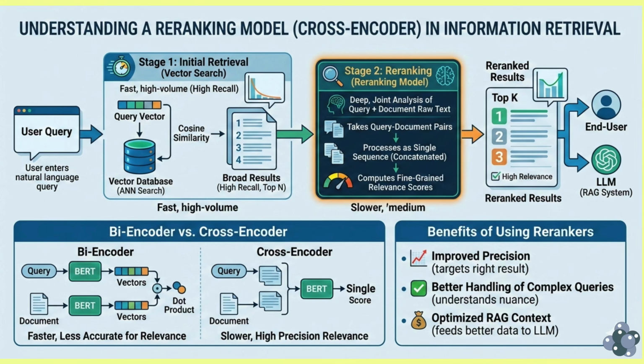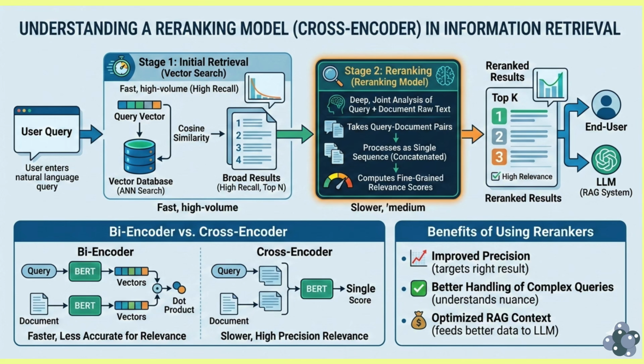Then we have the second stage, which is reranking. The reranking model takes the raw text of the original query and each of the top n candidate documents retrieved in the first stage. It performs a deep joint analysis of the query document pair to compute a more precise, contextualized relevance score for each pair.